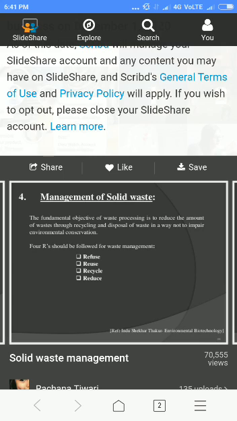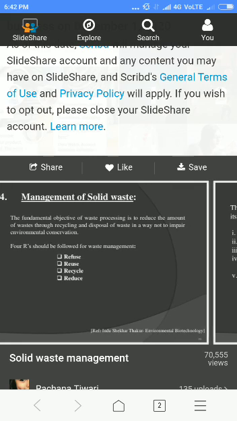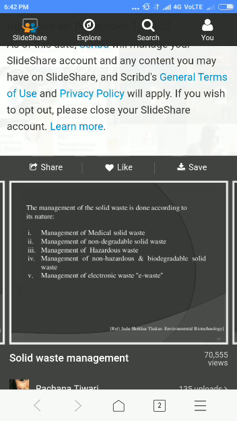So there are four different types of R which should be followed for the waste management. These include here refuse, reuse, recycle, and the reduce, especially for the management of solid waste.